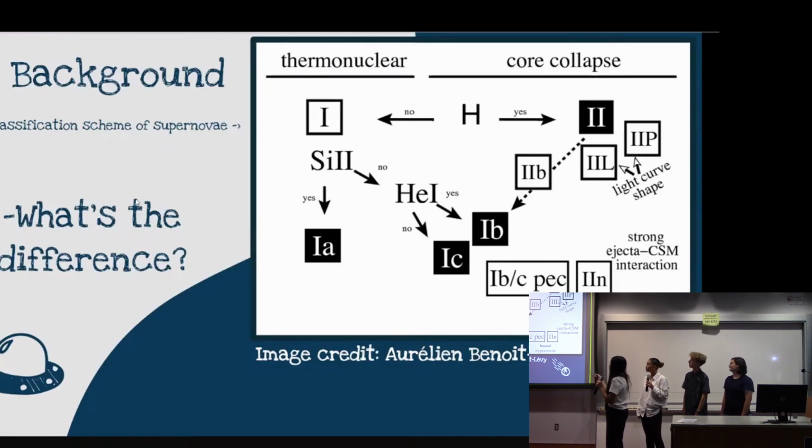Moving on to the subclassifications of type 2 supernovas, we have type 2b, type 2L, and type 2P. Type 2b is mostly differentiated from type 2L and type 2P. Type 2b, what I learned, is pretty wimpy and has little hydrogen left. But what makes these two, type 2L and type 2P, very similar is the light curve shape.